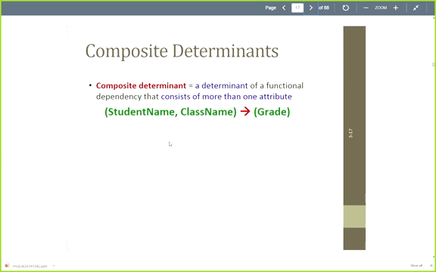Composite determinants use two columns to determine something, say a phone number. For example, in our class we have 21 students, I believe, this semester. So if we look at our student table, there are 21 students. Then we say, let's find a student and find out his email address.